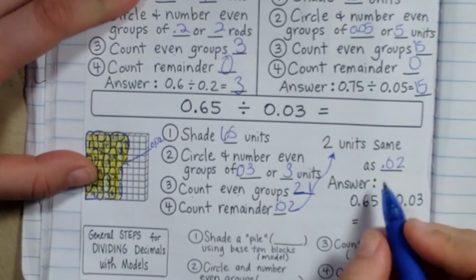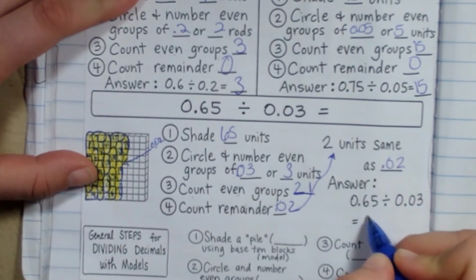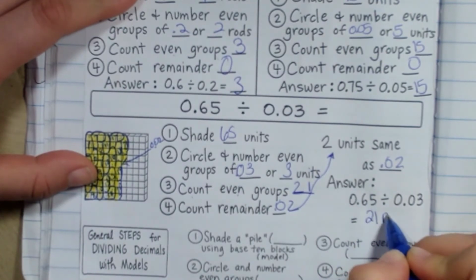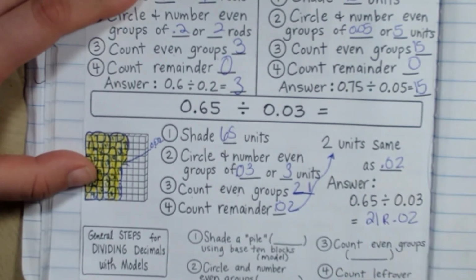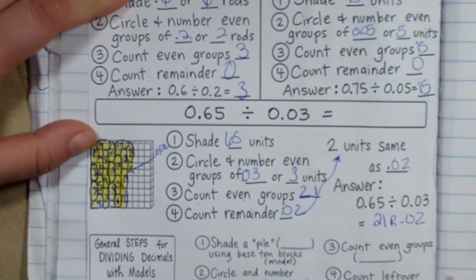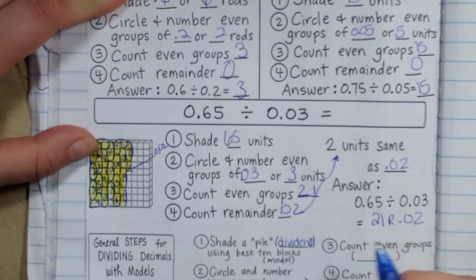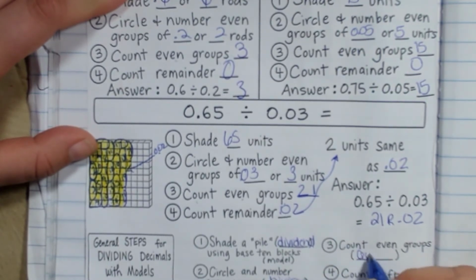We are going to say that this is 21 remainder 200ths. So this is the dividend, which is the big number. This is the divisor, the smaller number, our quotient, and our remainder.